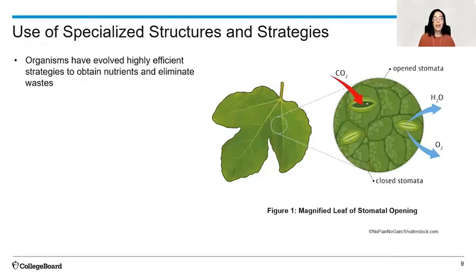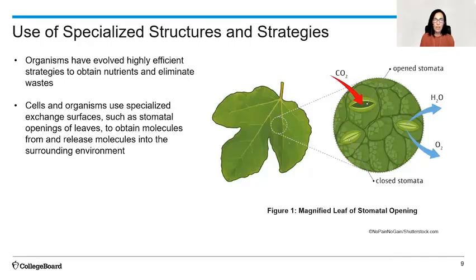Organisms also have evolved highly efficient strategies to obtain nutrients and eliminate waste. And so we can see that here we have our magnified leaf, and notice on the surface of the leaf we have these openings called stomata. And so these stomatal openings of the leaves help them obtain molecules from the environment as well as release molecules.